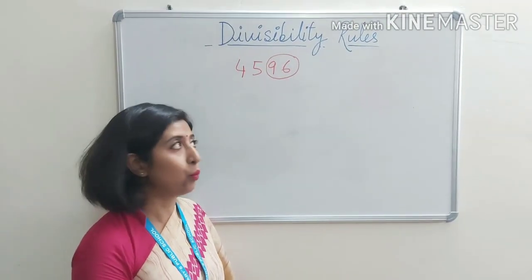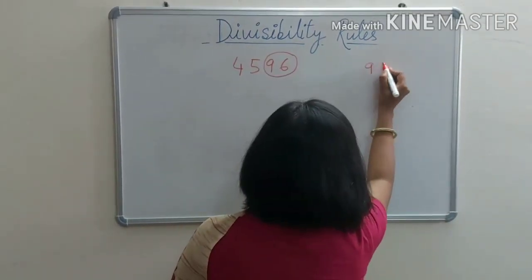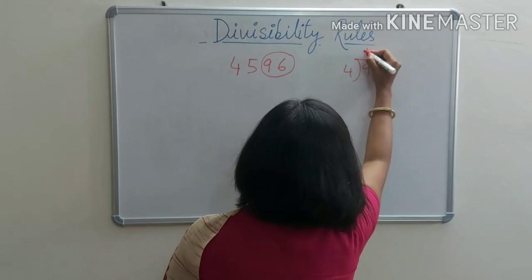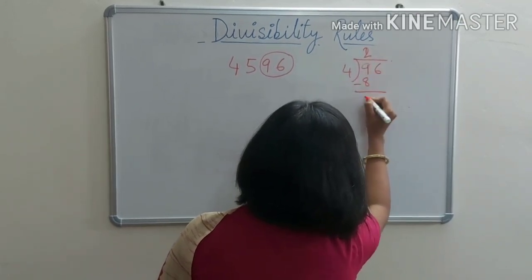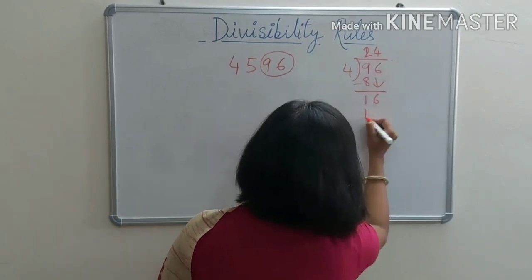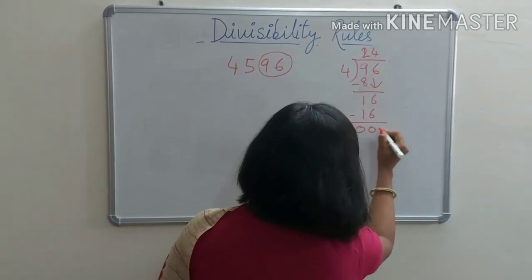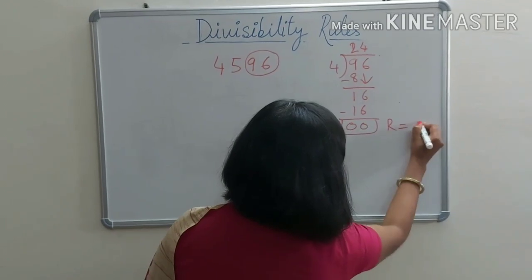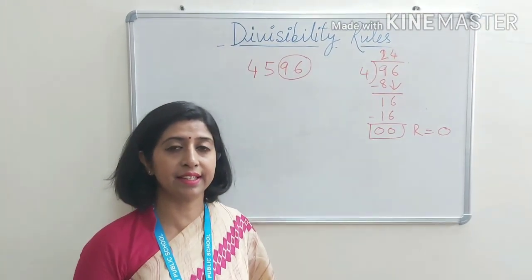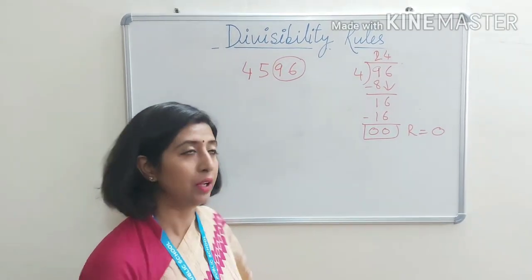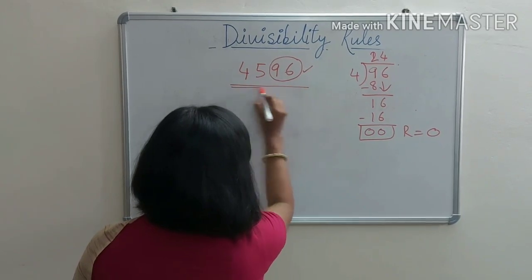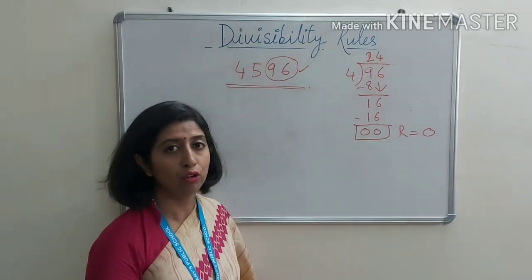For this, we will divide 96 by 4. 4 2s are 8 and 4 4s are 16. Here our remainder is 0. If remainder is 0, that means 96 is divisible by 4. So if 96 is divisible by 4, then this entire number is divisible by 4.